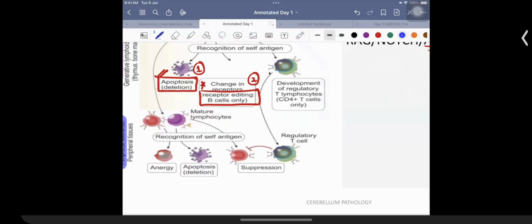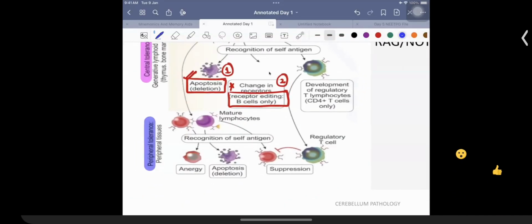Right? What is the component of peripheral tolerance? Peripheral tolerance is something that is seen in the lymph node, in the spleen, in the bone marrow. One is anergy. Anergy का मतलब होता है loss of energy.